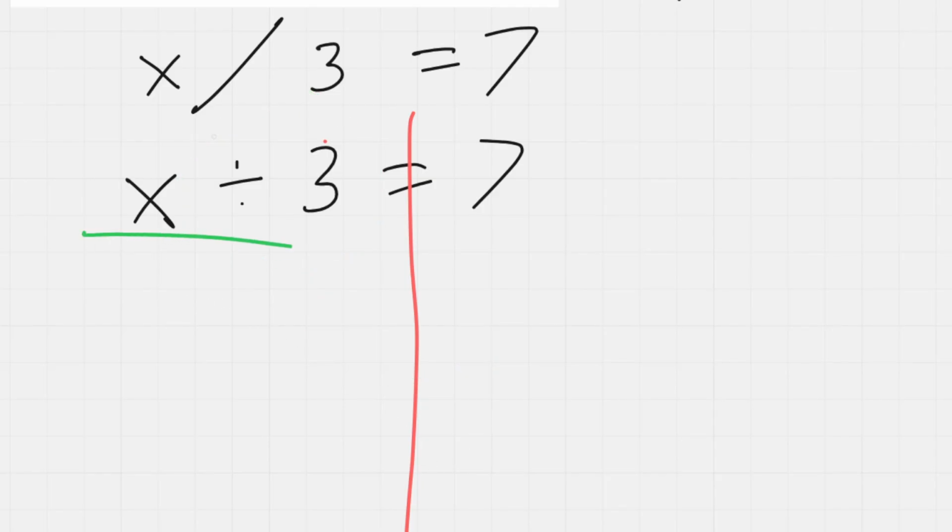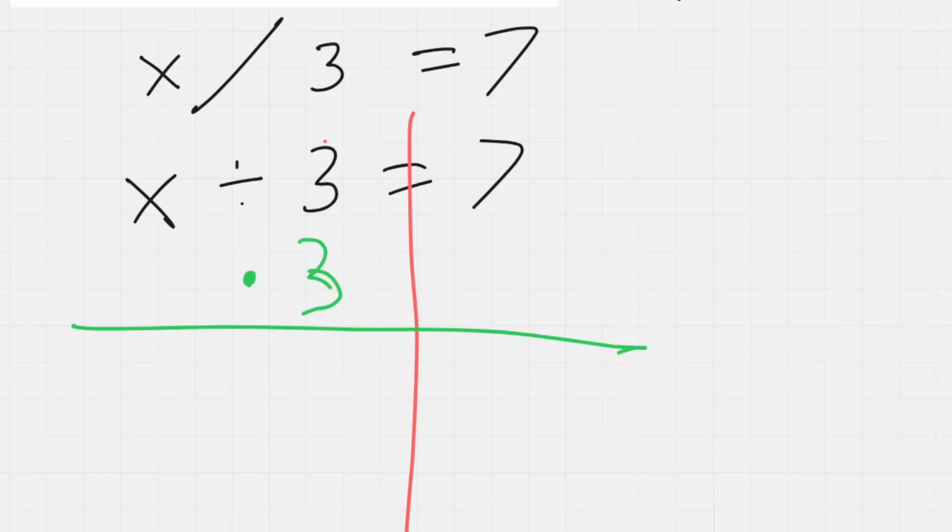So what I have to do to both sides to get this divided by 3 to the other side is to multiply by 3. What I do to one side, I do to the other. So I'm going to multiply by 3 on both sides. Again, if you do the opposite or the inverse of a statement, you can cancel it out. So here, I can cancel these two out.